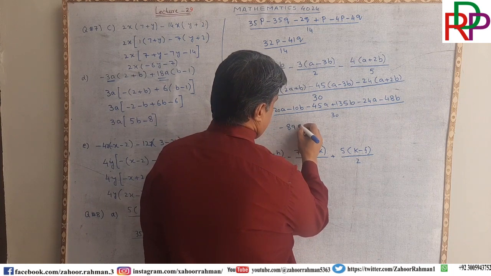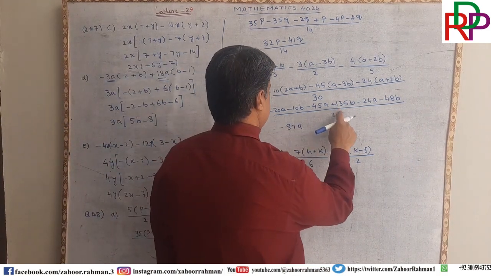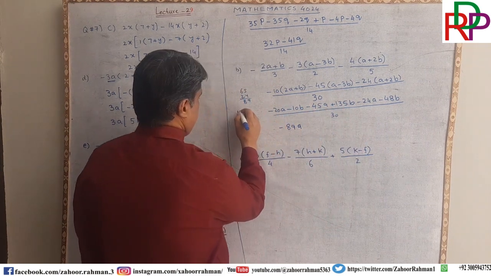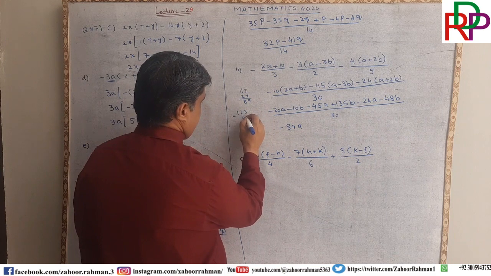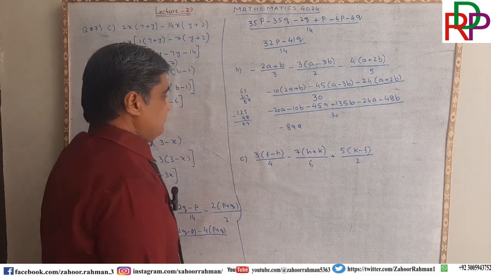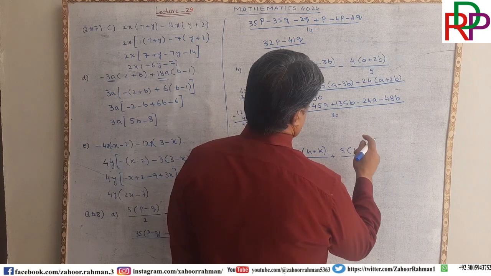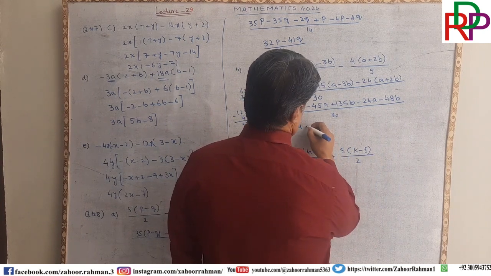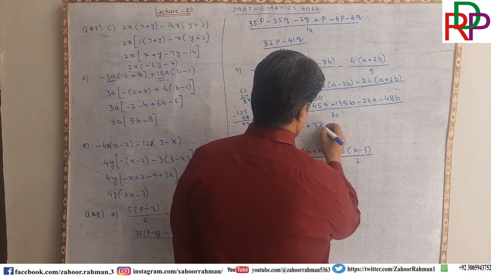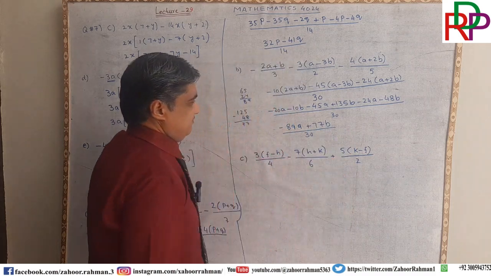Now minus 10b and plus 135, so 125, and 125 minus 48 will give you 77. So it will be plus 77b, and that will be divided by 30.